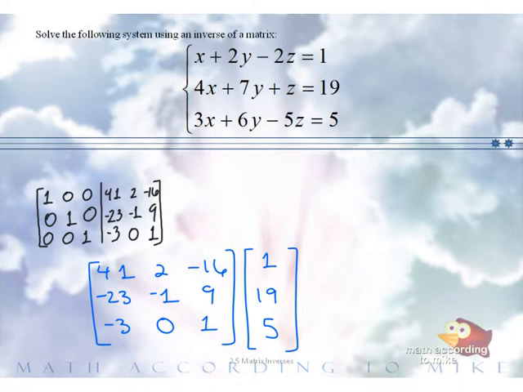So to solve a system using an inverse of a matrix, you take the inverse that we just found in part A, and you multiply it by the constants. You might say, why? Well, I'll tell you why.